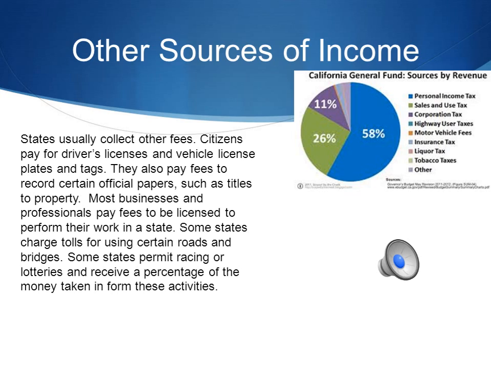If you've ever been to San Francisco, there's a toll for crossing the Golden Gate Bridge. Some states permit racing or lotteries and receive a percentage of the money that way. In fact, John Muir Charter School has received a very small amount, probably in our budget, $100, for lotteries because the people voted that a certain percentage should go to schools. So those are some ways to raise money.